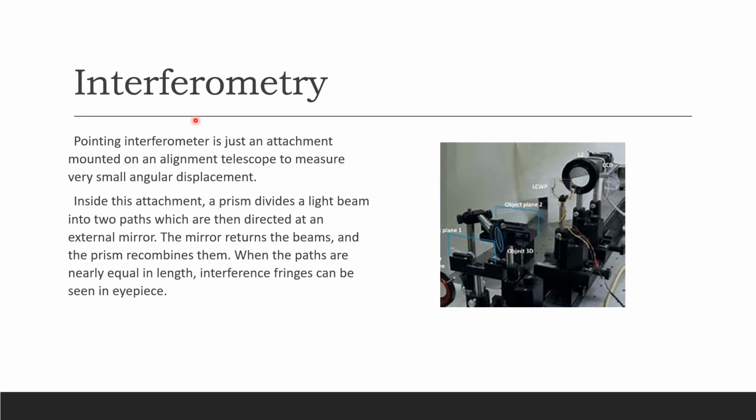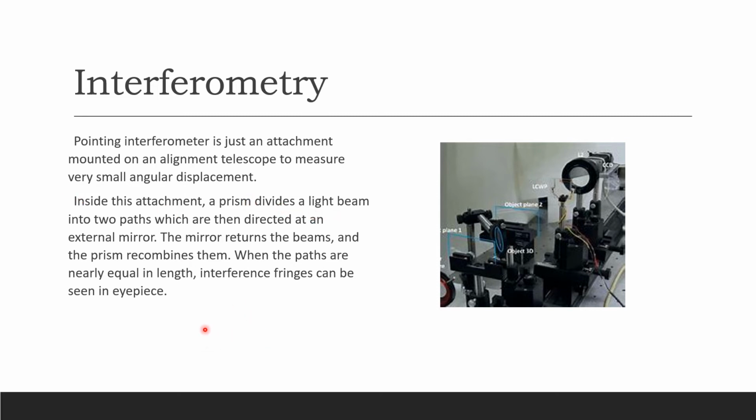Coming into the interferometer. The pointing interferometer, we use it as an attachment mounted on an alignment telescope to measure very small angle displacement. Inside this attachment, we use a prism to divide a light beam.